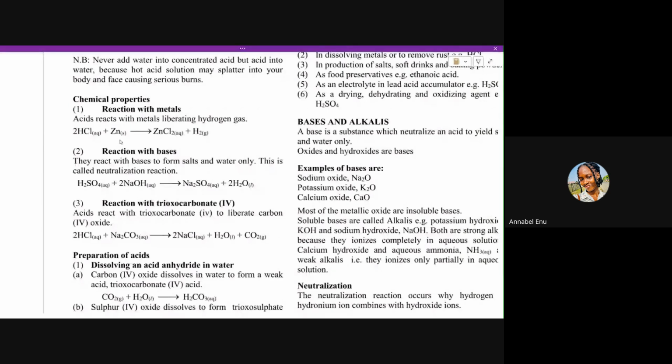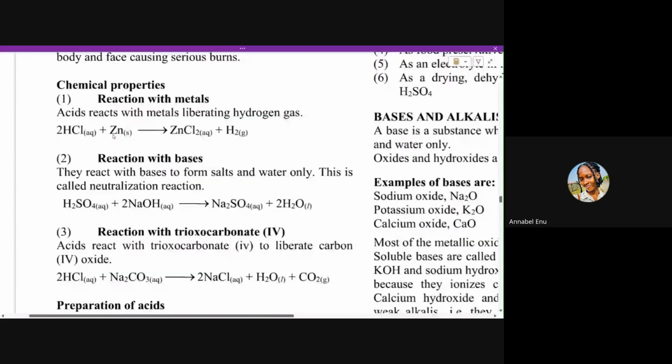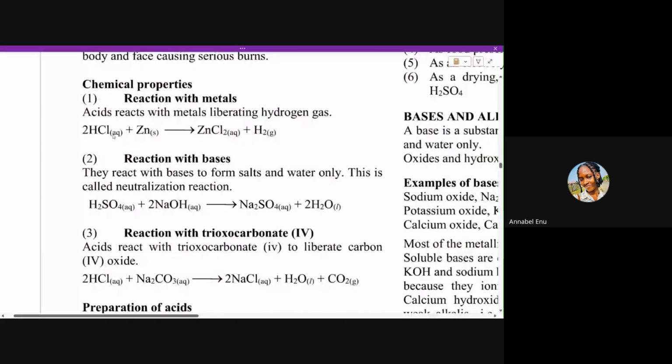It mustn't be HCl, it can be H2SO4, HNO3, any of those acids will react with any metal. It mustn't be zinc, as you can see on the screen. It can be sodium, it can be magnesium, any metal you know. They will give you a salt and hydrogen gas.